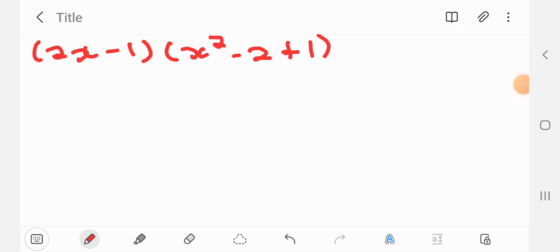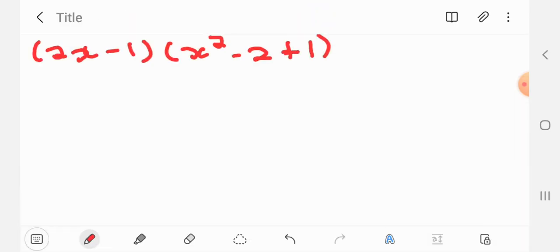All right, this is 1.5.1. We have 2x minus 1 into 2x squared minus 2 plus 1. Okay, so we're going to be multiplying these two brackets.